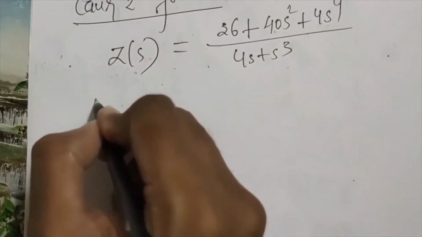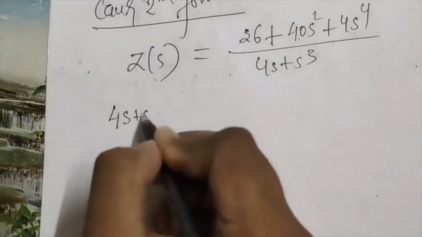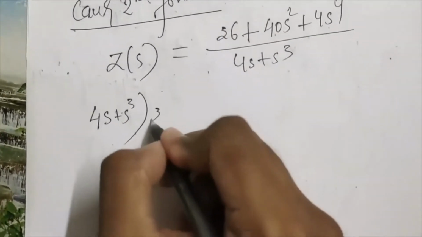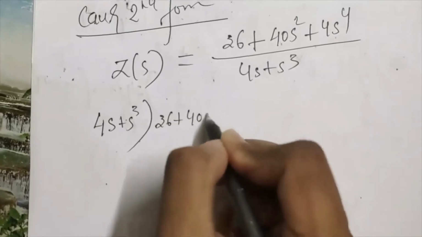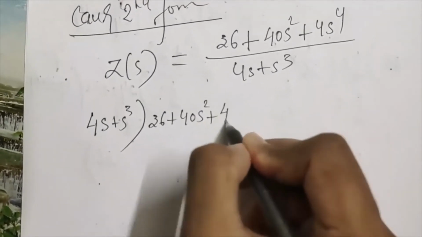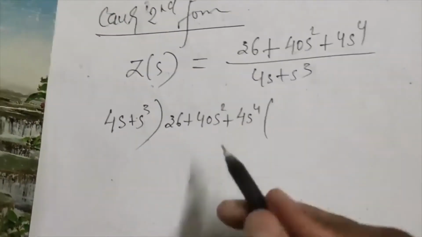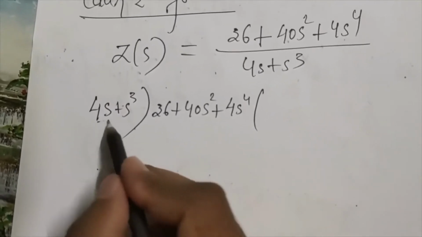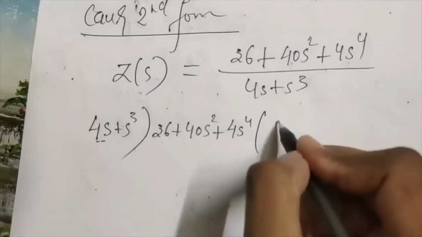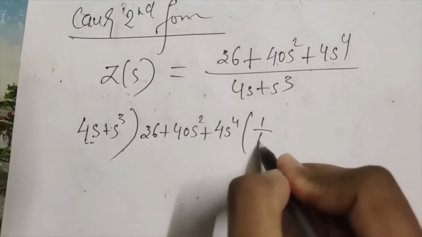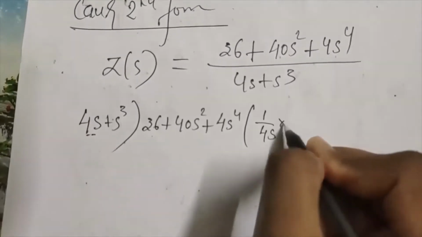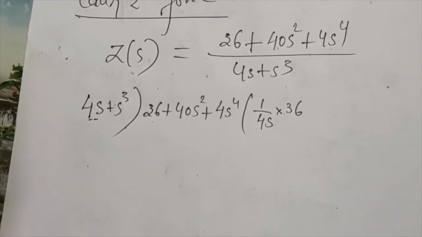Applying continued fraction, 4s plus s cube, this is 36 plus 40s square plus 4s power 4. So here I have 4s, I want 36. First I'll remove that 4s and get 36 here.